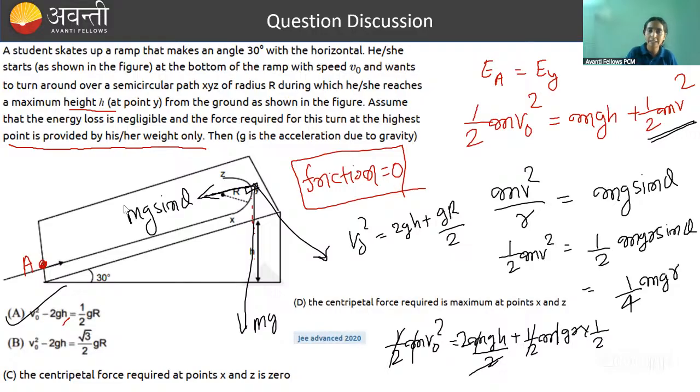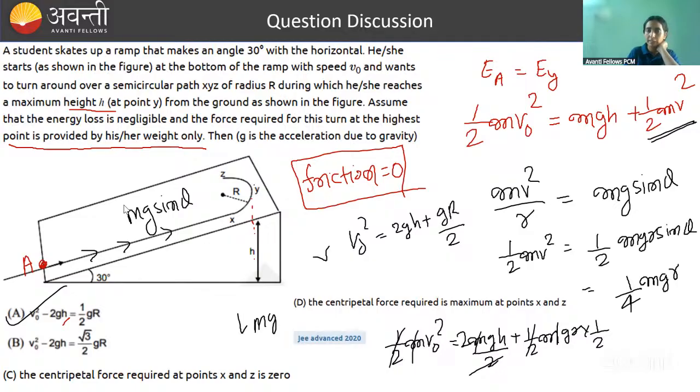Let's talk about C and D. So the centripetal force required at point X and Z is 0. Centripetal force required is maximum at point X and Z. Point X and Z are being discussed. Now look at this again, let's look at the diagram properly. As the person is moving up the plane, what is happening?